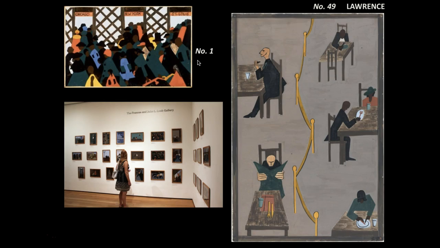So the even pieces are going to be in MoMA, and the odd pieces are going to be in a different museum. So we don't get to see the narrative as it's told by Jacob Lawrence, but if you were to look at them all at once on the computer, you could.